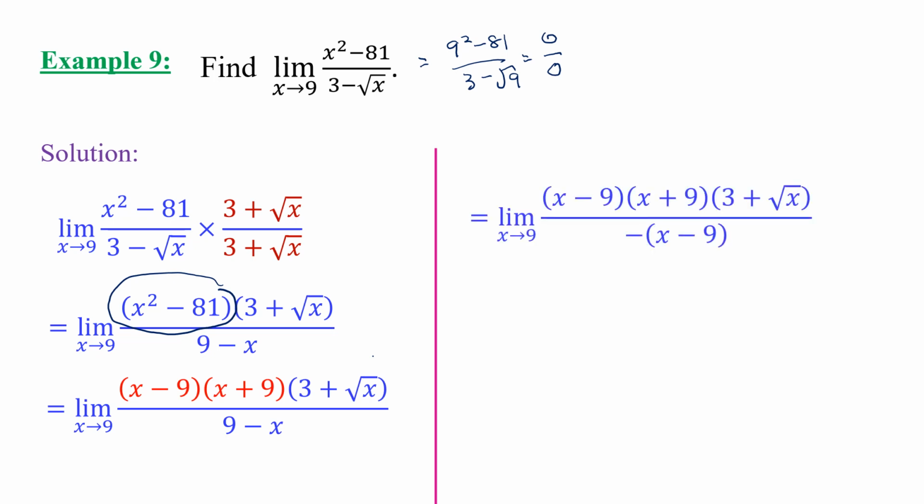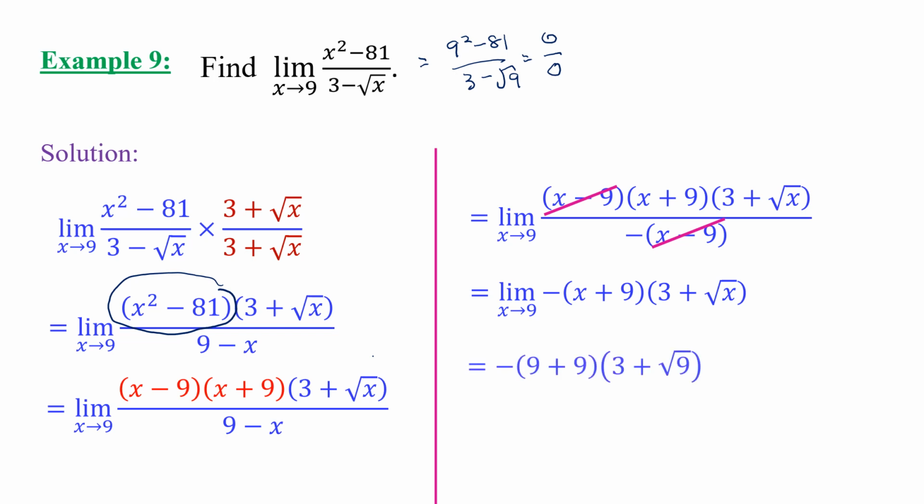So for the denominator, we factor out negative 1 and we have x minus 9 as the common factor, and we can cancel out the common factor. Now we can evaluate the limit by substituting x with 9 and we get negative 108.